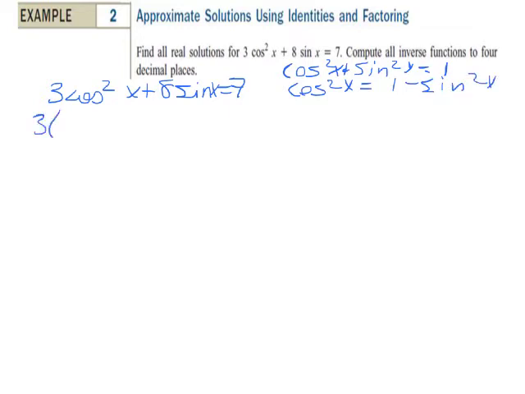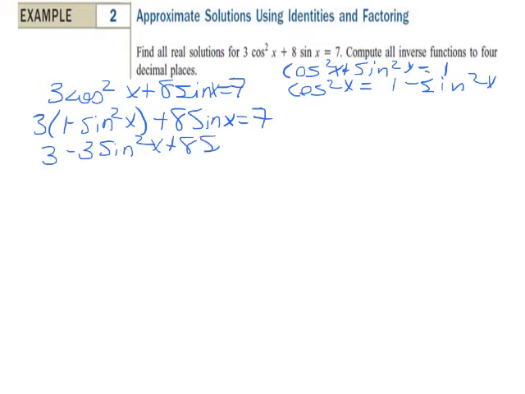So now we've got 3 times 1 minus sine squared x, plus 8 sine x equals 7. So 3 minus 3 sine squared x plus 8 sine x equals 7. And now we're just going to get it all positive. So I'm just going to take everything over to this other side.